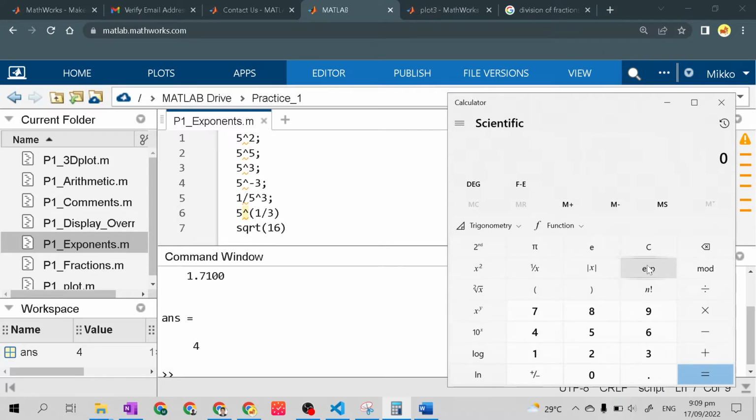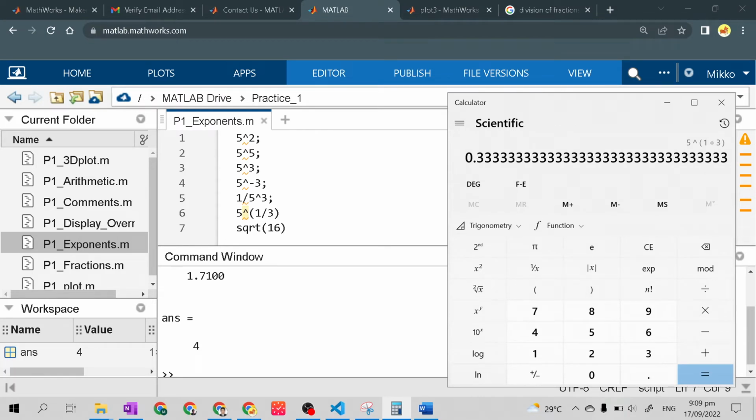Okay, I don't know how to use this calculator. We don't have other radical symbol. So let's just use the exponent symbol, 1 divided by 3.